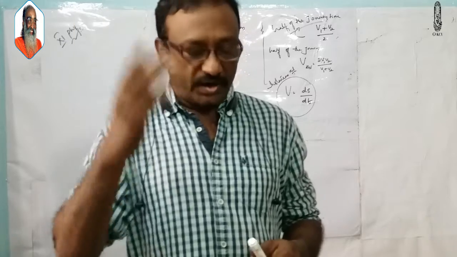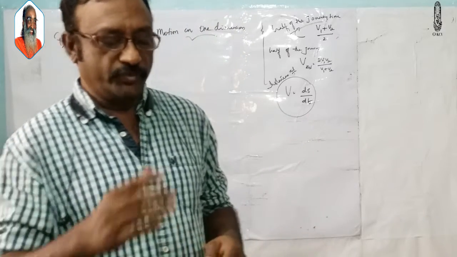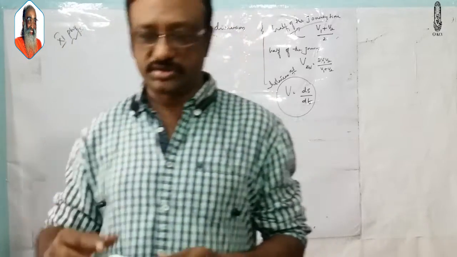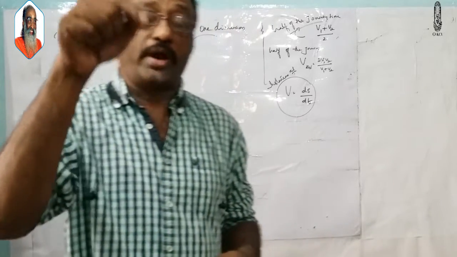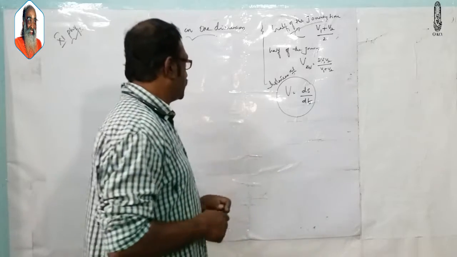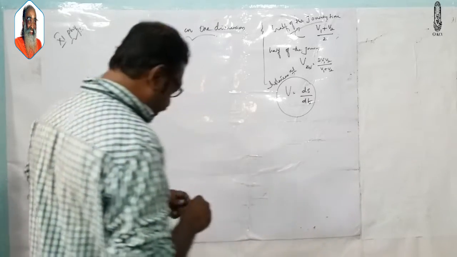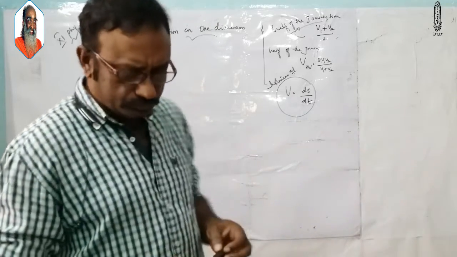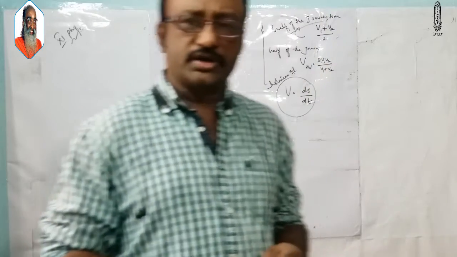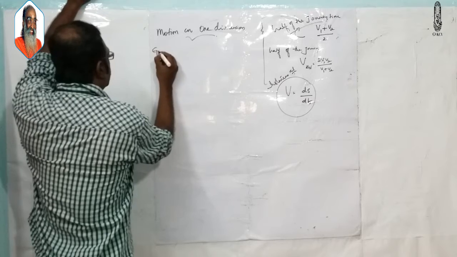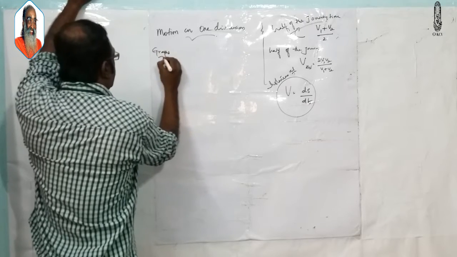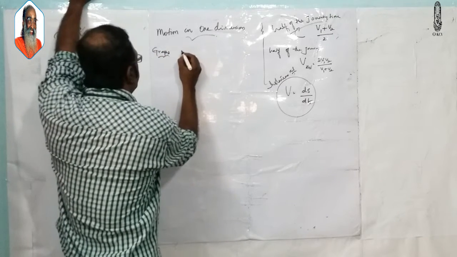Velocity at a particular time. If the body is moving with variable velocity, the velocity at a particular time or at a particular point is called instantaneous velocity. So we talked about that, and then we were talking about the graphs, and first we talked about the position time graph.